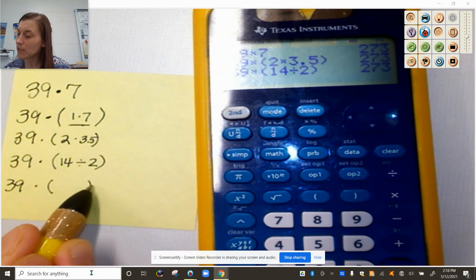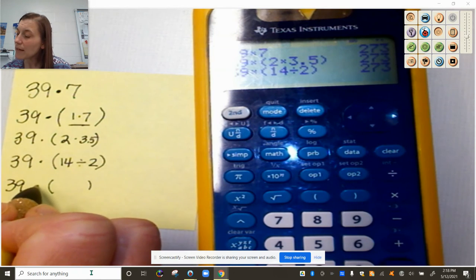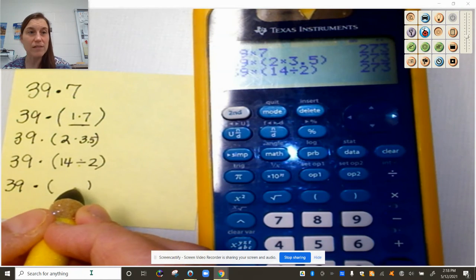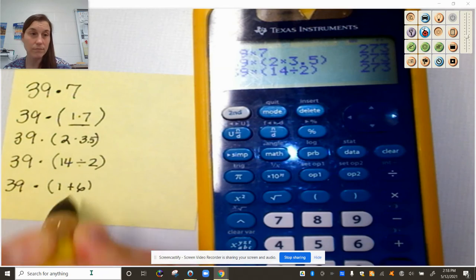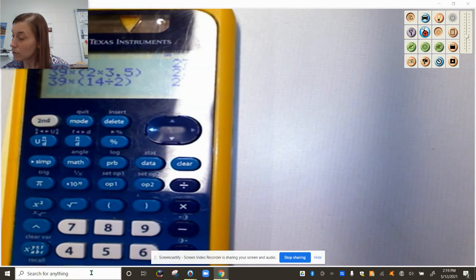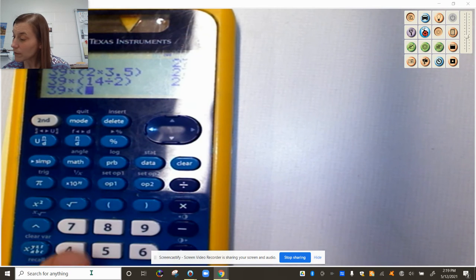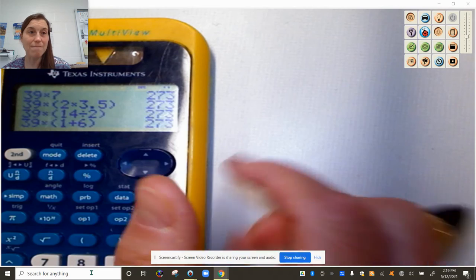I have 39 times, and I need to make 7 in these parentheses. So can I make 7 with addition? Something plus something is 7. Well, how about 1 plus 6? Will that work? Can I just do 39 times 1 plus 6? Yes, and I got the same answer again.